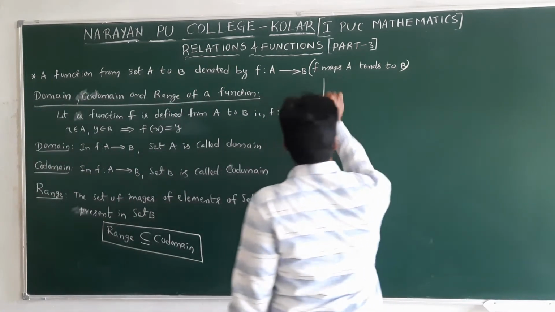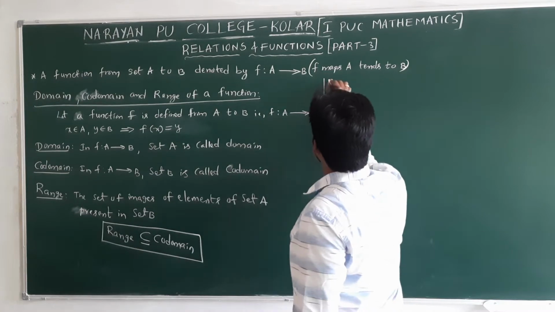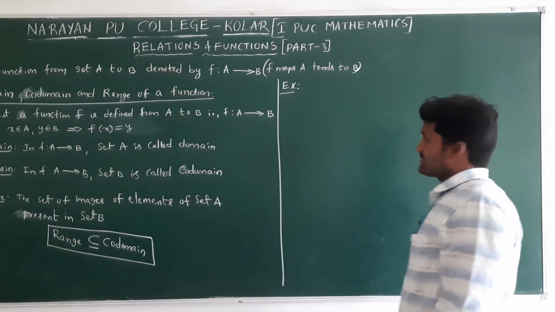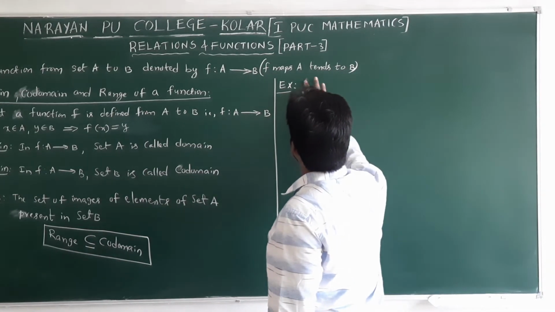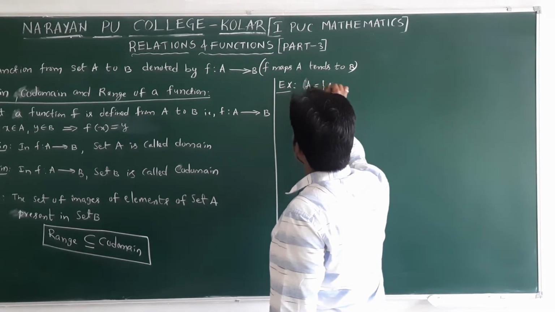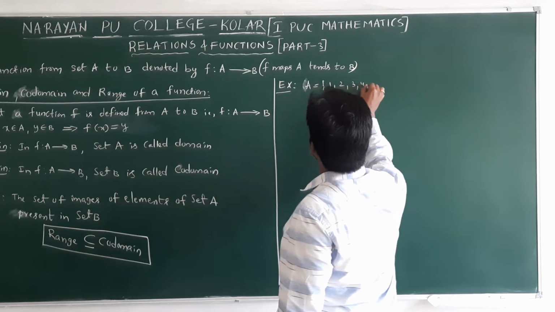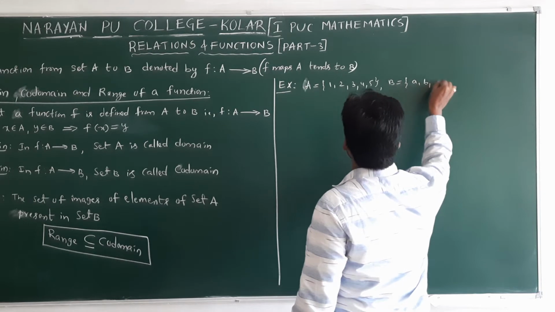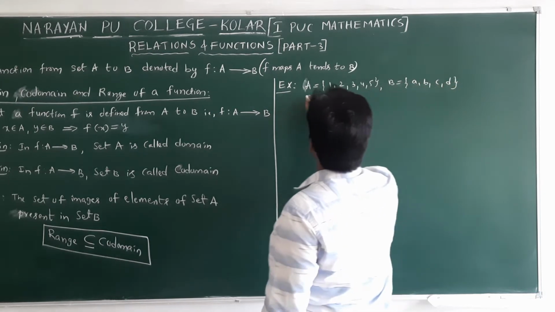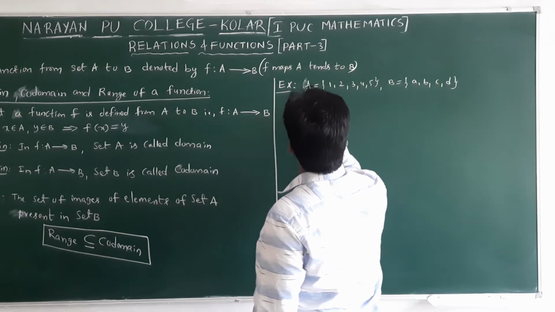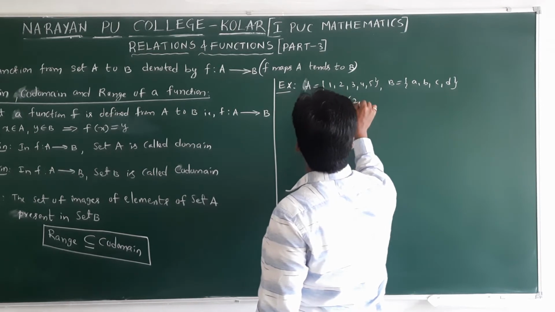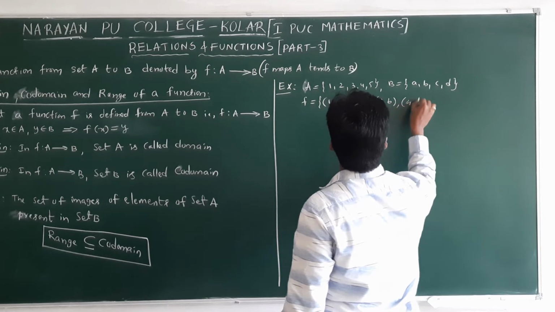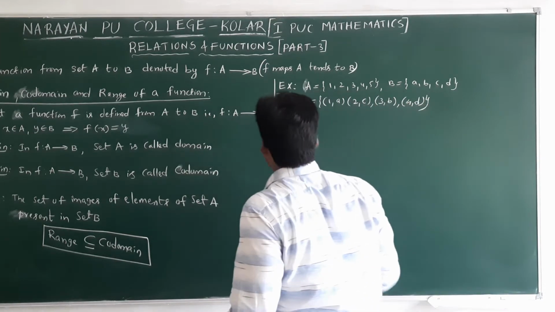Now by taking one example, you can understand easily. If the function is given like this, set A is 1, 2, 3, 4, 5. Set B is a, b, c, d. And the function is defined like this: (1, a), (2, c), (3, b), (4, d), and 5 not having any image.